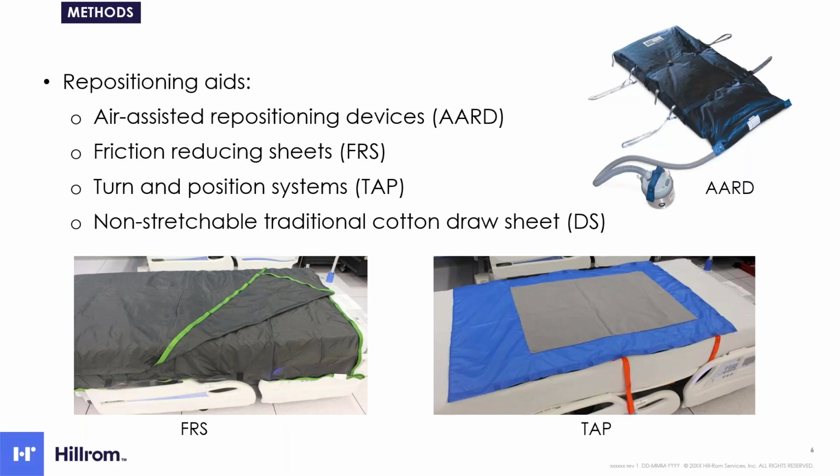So basically, nurses use 2 sheets together to reduce the friction and make the movement easier. The third type is turn and position systems. It is a multi-layered sheet with the bottom low friction layer contacting the bed surface and the top high friction layer contacting the patient.